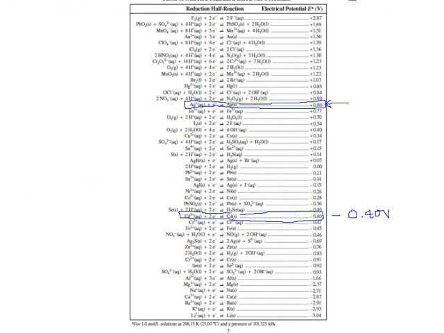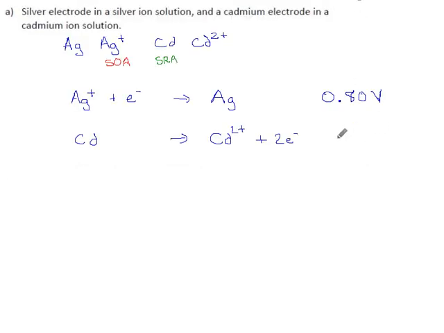If your reaction is running in reverse like this, cadmium metal to cadmium 2, that reverses the voltage too. So this reaction as written is minus 0.40 volts. Our reaction, where it's cadmium turning into cadmium 2, has a voltage of plus 0.40 volts. So if you're putting this one in, 0.40 volts positive.